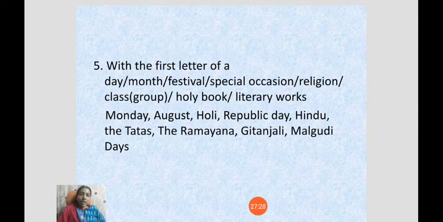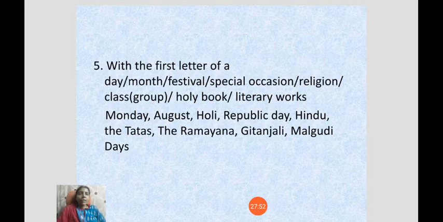Then for special occasions like Gandhi Jayanti, Republic Day, Independence Day, for such occasions also the first letter is capitalized. Religions, Hindu, Muslim, Christian, Sikh, there we use a capital letter for that.